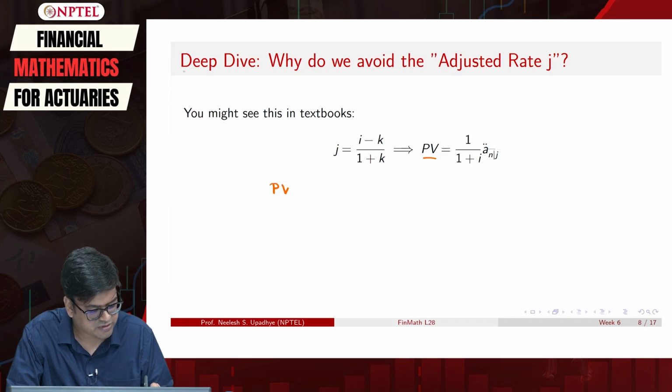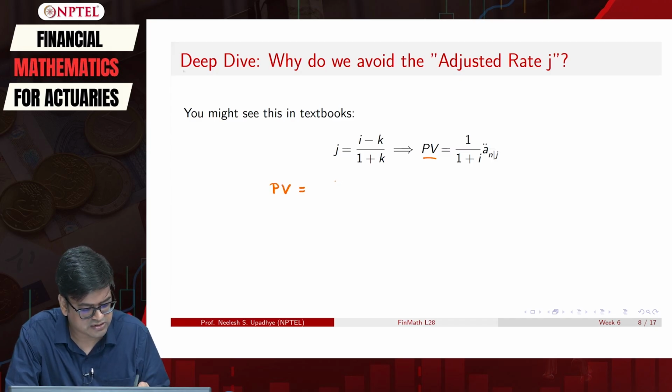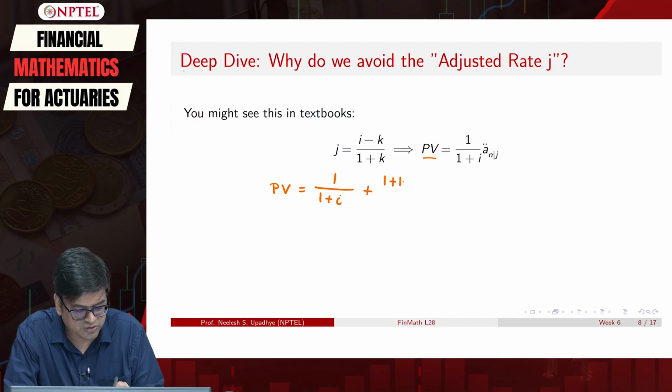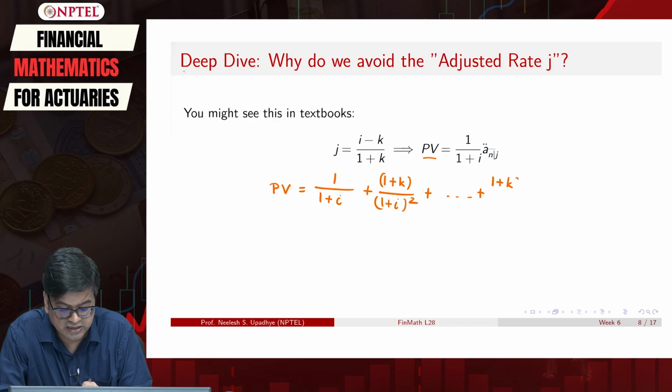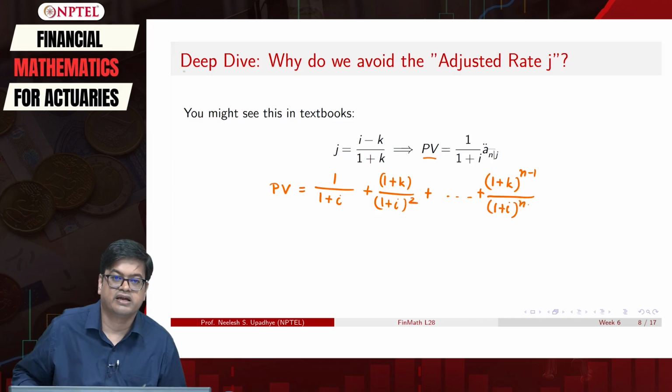If you recollect, our present value calculation was something like this. In the first period we had 1 upon (1 plus I), then we had the growth of (1 plus k), which was discounted by 2 time periods, which is (1 plus I) squared, and then we continued like this, and in the last period we had (1 plus k) to the power n minus 1, upon (1 plus I) raised to the power n, correct.